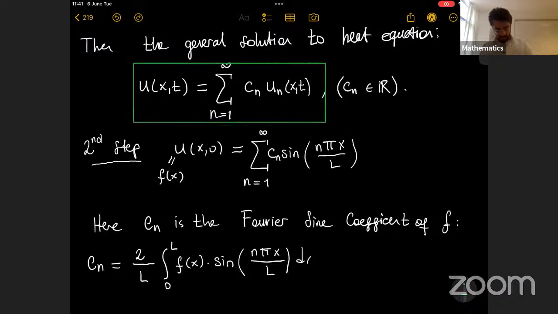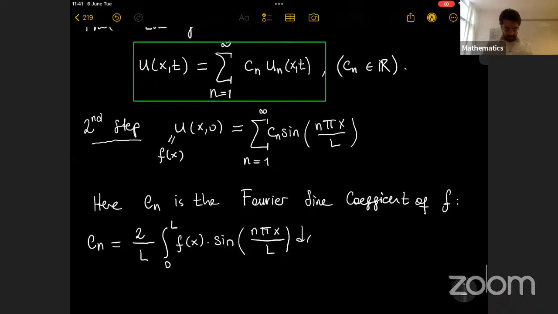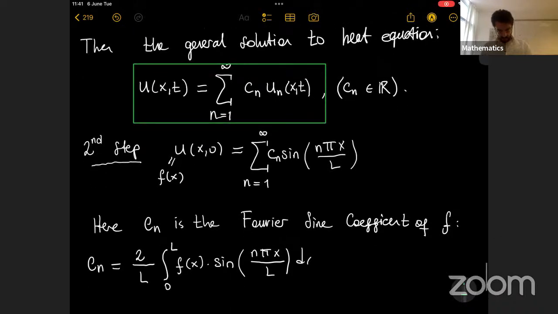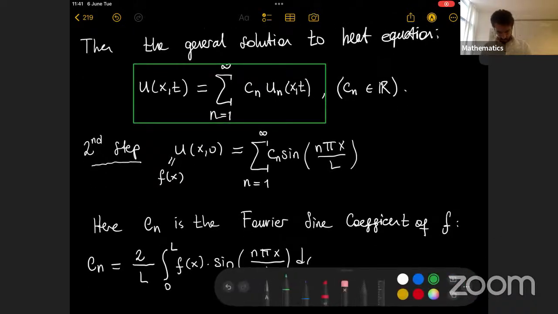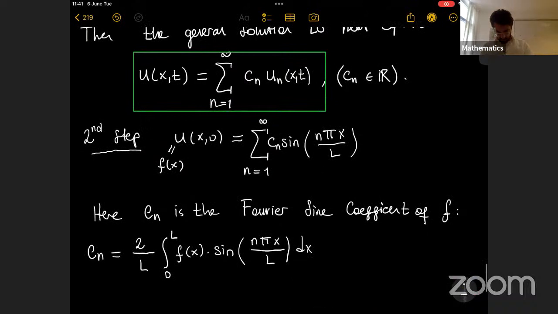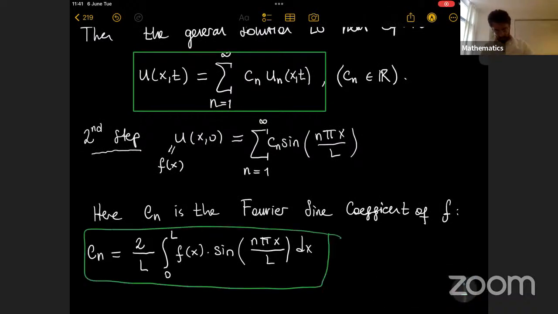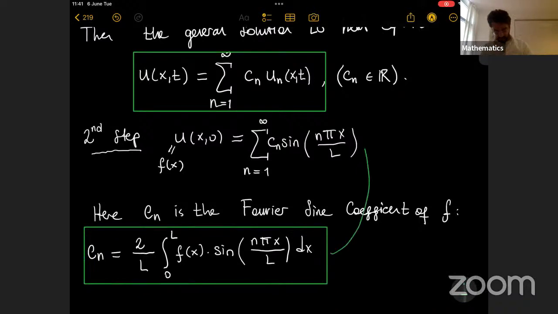So this is the general solution, and we put the initial condition, and we find c_n here. So to find c_n, we use this, dx, and we get the solution. We will do one concrete example with this, and we will be done.